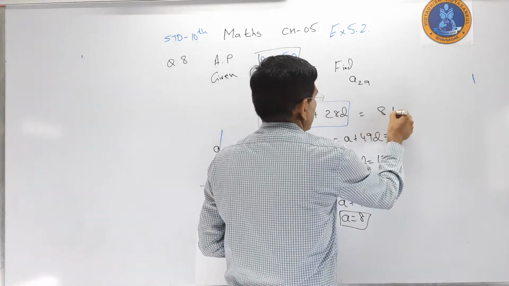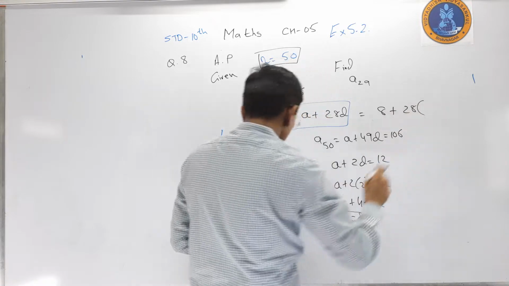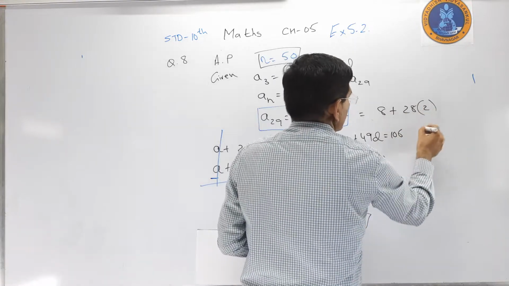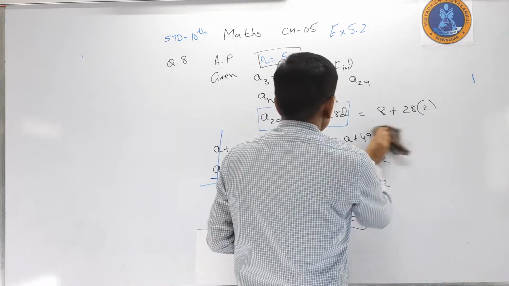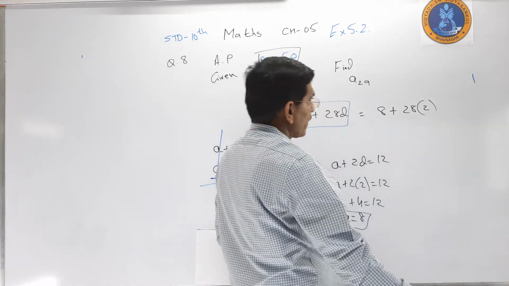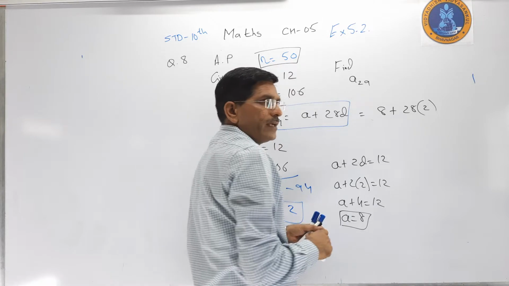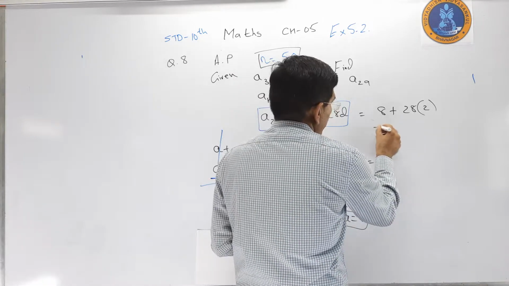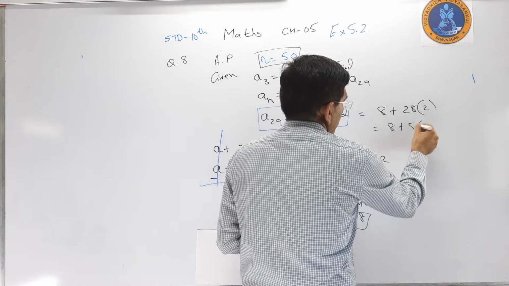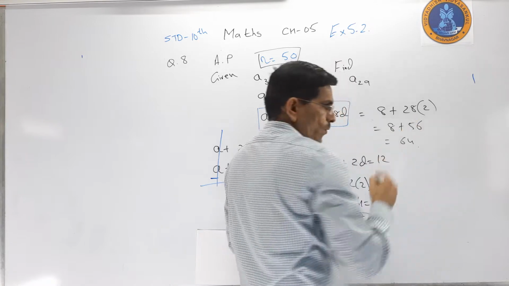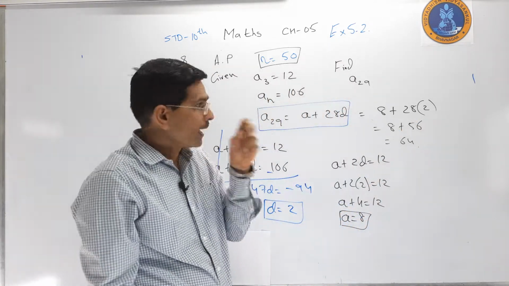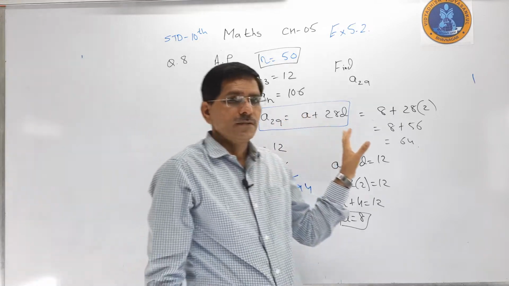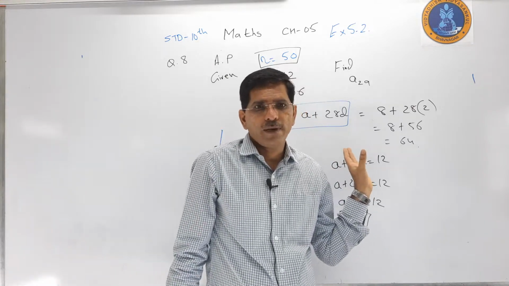So 8 plus 28 into D, that is 2. 28 2s are 56. So 8 plus 56, that is 64. Final answer is 64. I think I have explained it properly.